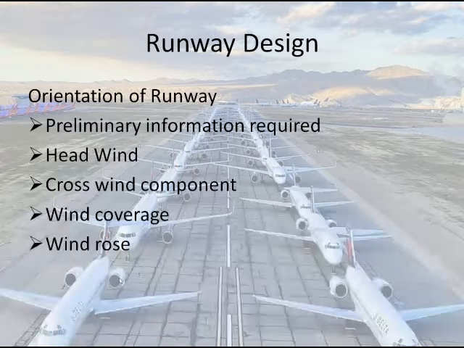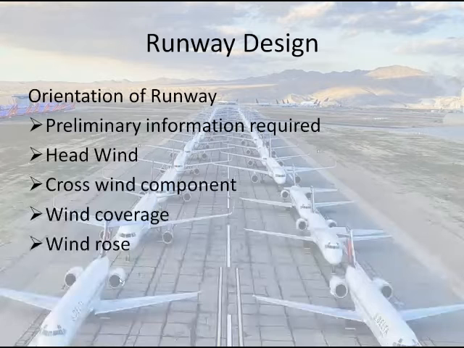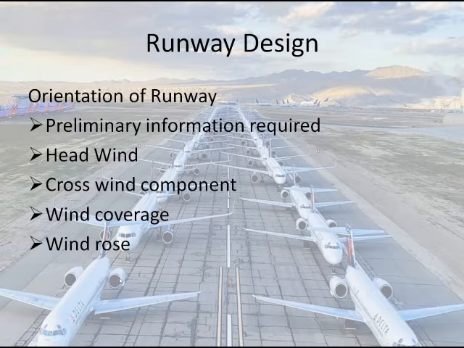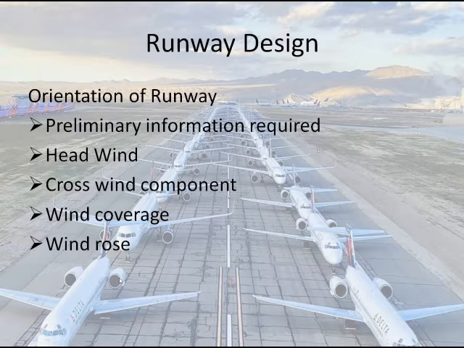The second characteristic is headwind. The runway is usually oriented in the direction of the prevailing winds. The headwind indicates the wind from the opposite direction of the head or nose of the aircraft while it is landing or taking off.